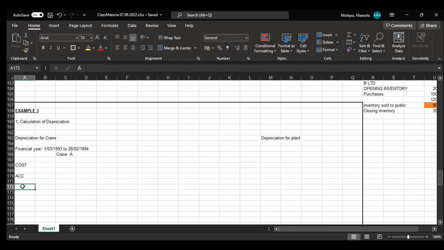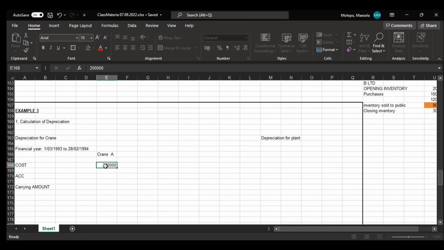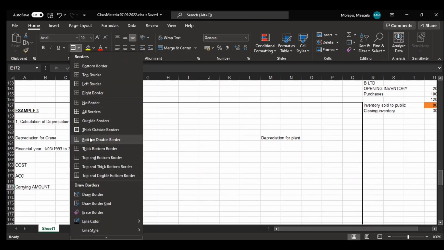Okay, let me just say carrying amount. So based on the information given, the cost is how much? 200,000, yes? And the accumulated depreciation given is 100,000, which was accumulated depreciation on 1 March 93. So the carrying amount is going to be 100,000. We are all happy, right?